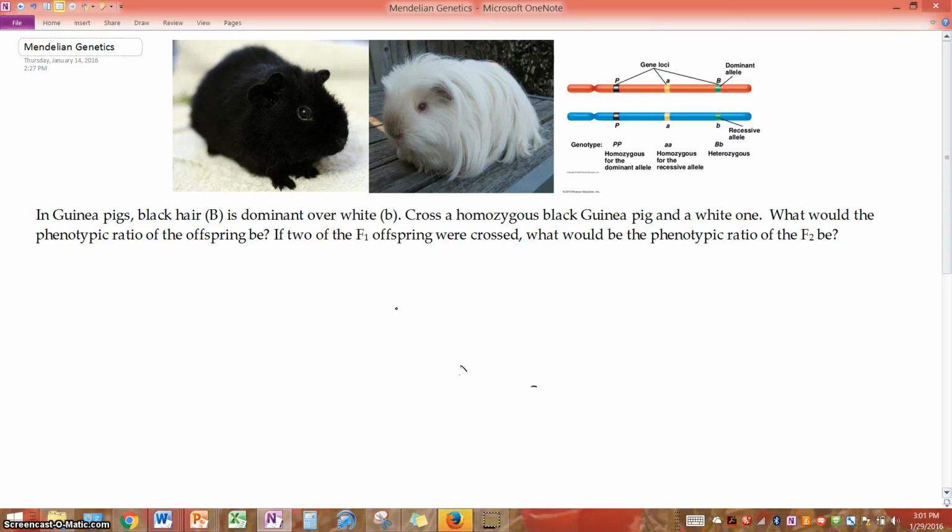So let's go through and first talk about dominance. In order to answer this question, we need to understand the law of dominance, which basically means if you have two or more alleles, the dominant allele is going to be expressed.